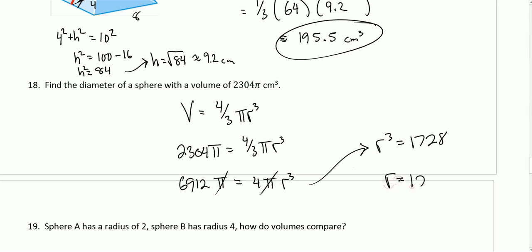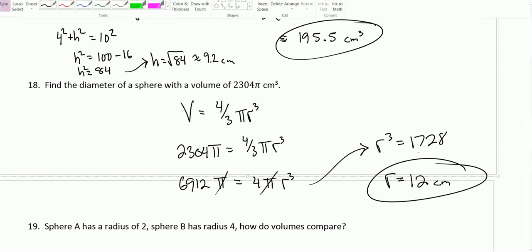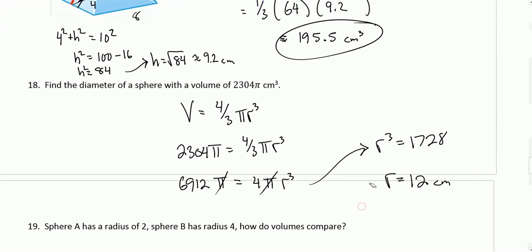So we have a radius of 12 centimeters. But that's not what we were asked to find, so go back to that question. We were asked to find the diameter, which is 2 times the radius. So the diameter is 2 times r, which is 24 centimeters.